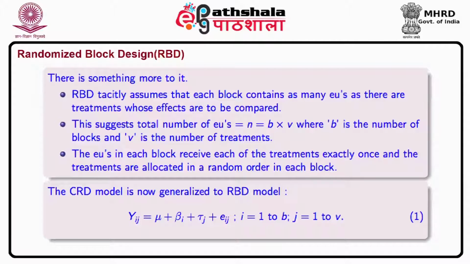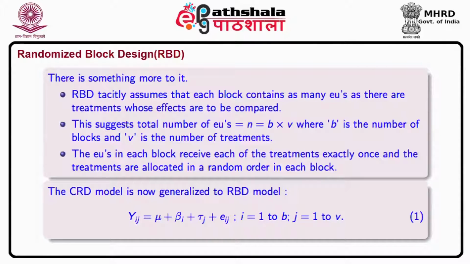You have so many treatments to be compared, there are so many blocks available. In each block, we should have as many experimental units as there are treatments. That is the peculiarity of RBD. The experimental units in each block receive every treatment exactly once, and the treatments are allocated in a random order in every block. That is the peculiarity of the randomized block design.